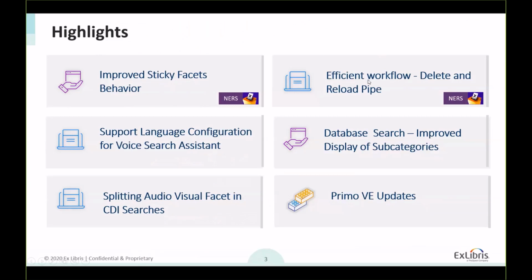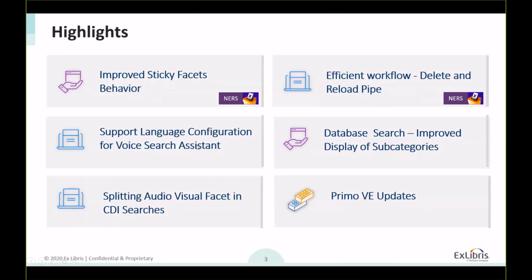Another NERS enhancement is the efficient workflow, allowing you to automate your reload, delete and reload pipes, with a new indication in the pipe editor. We'll show you how to do that. It's another NERS enhancement.